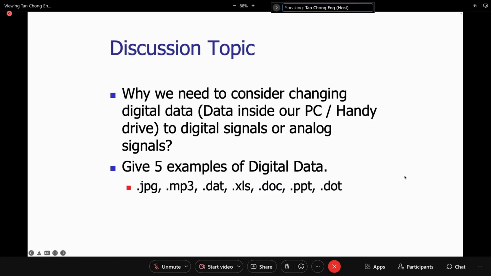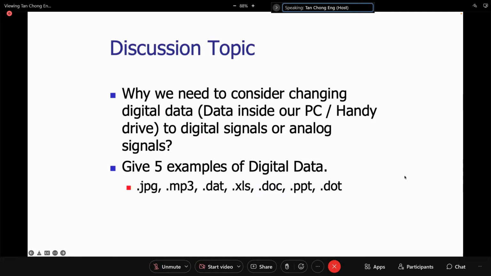You have to convert your digital data into an analog signal. Or rather, I would say upgrade your digital signal to an analog signal, so that this analog signal will be able to bring your data over a longer distance. So digital data, digital signal, and analog signal all take their place.